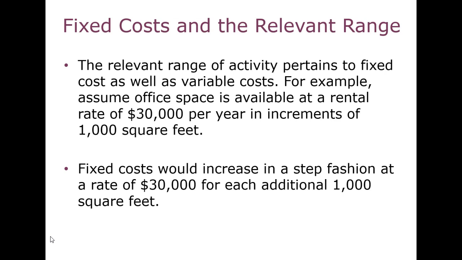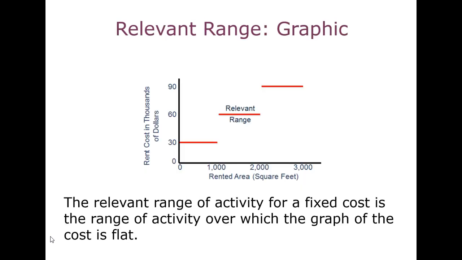The relevant range of activity pertains to a fixed cost as well as variable cost. For example, assume office space is available at a rental rate of $30,000 per year in increments of 1,000 square feet. So fixed costs would increase in a step fashion at a rate of $30,000 for each additional 1,000 square feet. Let's see what this looks like on the chart.